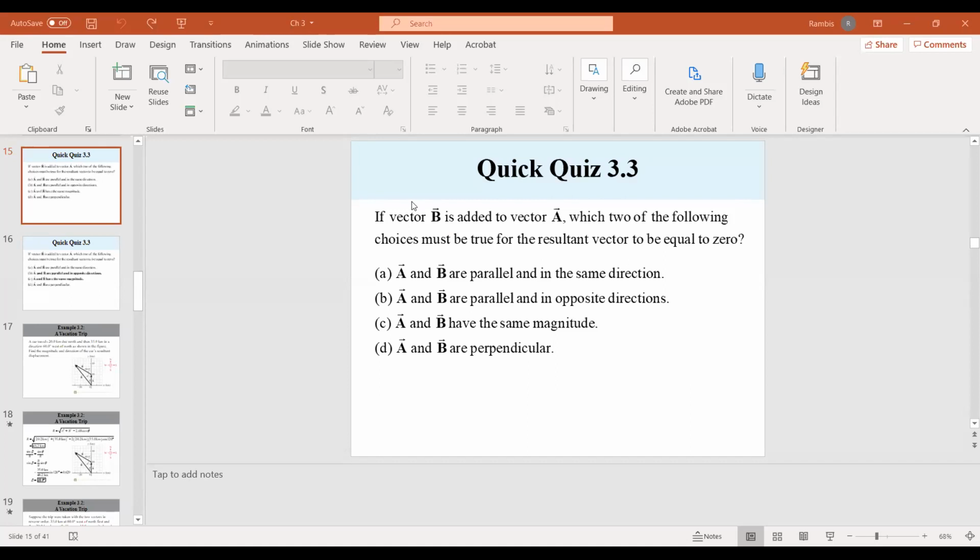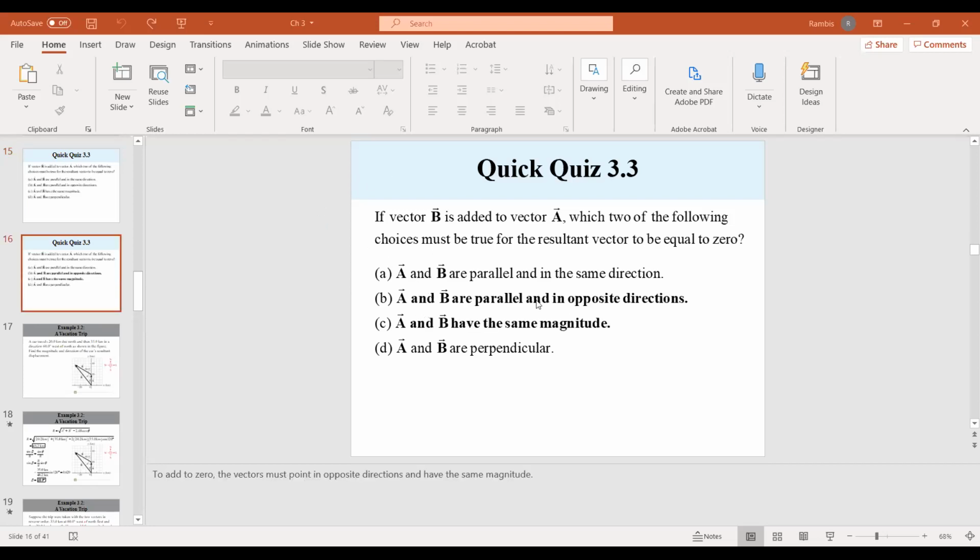So those two choices have to be related to the magnitude and the direction. B and C, exactly. They have to be the same size and they have to be pointing in opposite directions. You got it? So the answer will be B and C. Make sense?